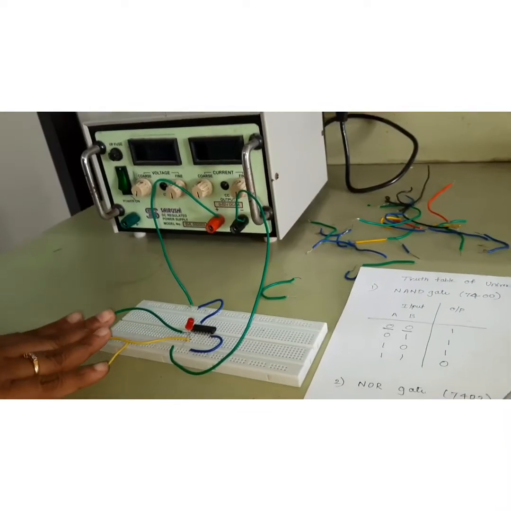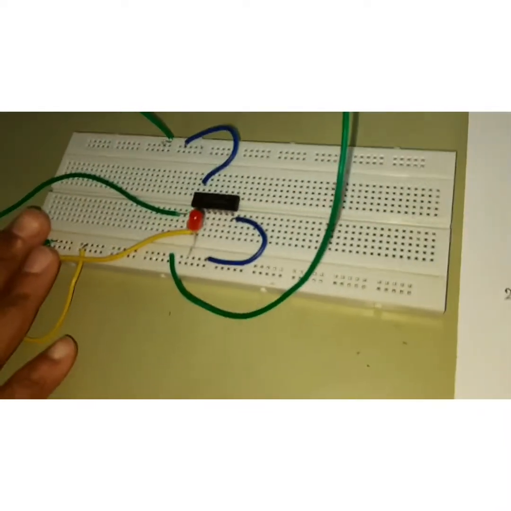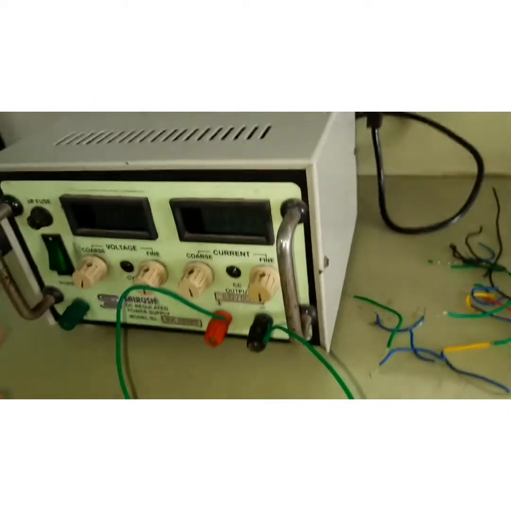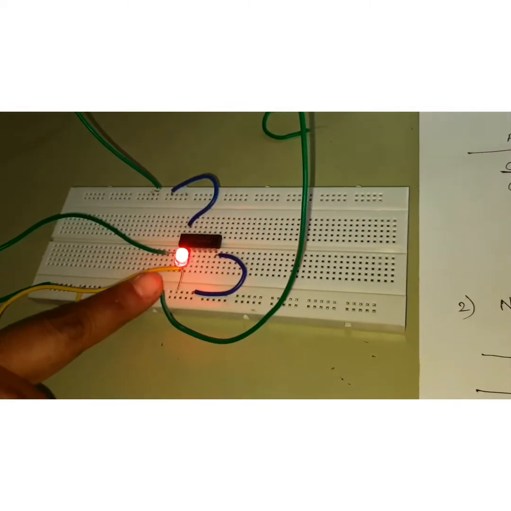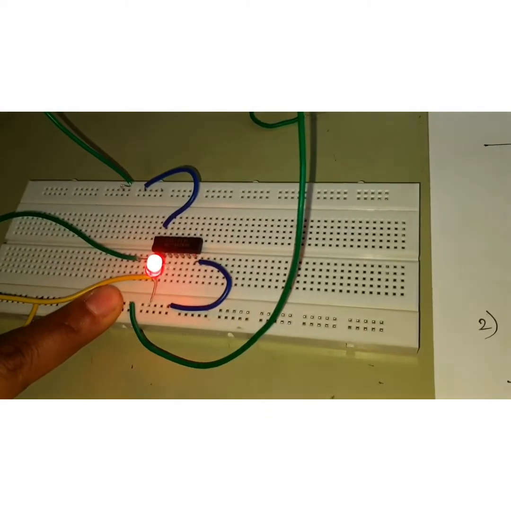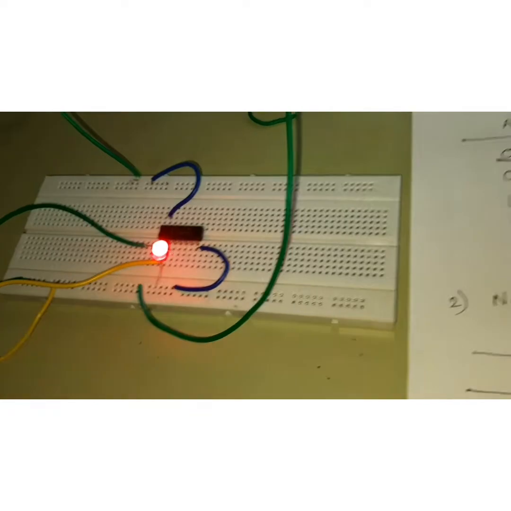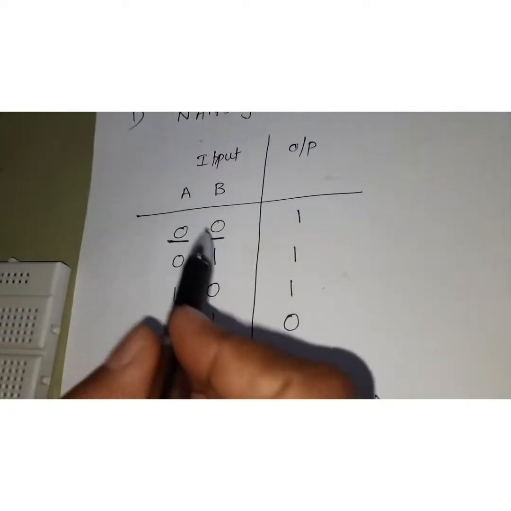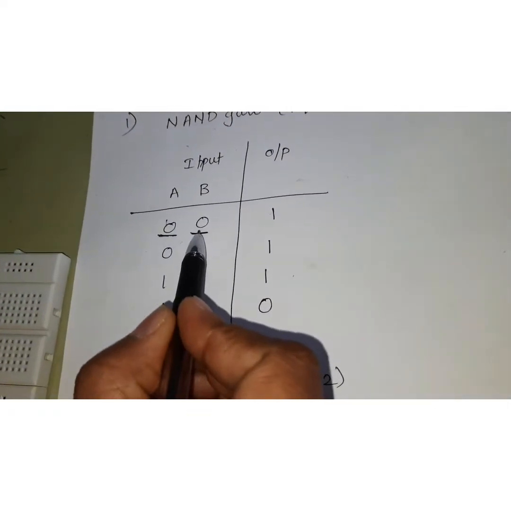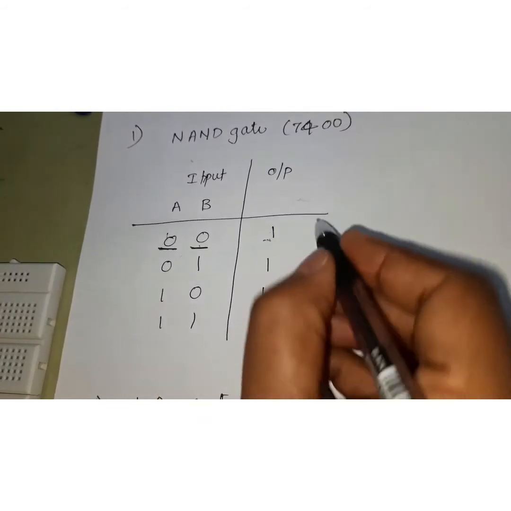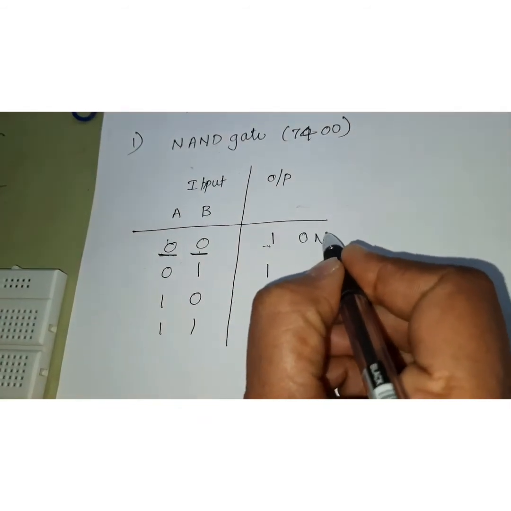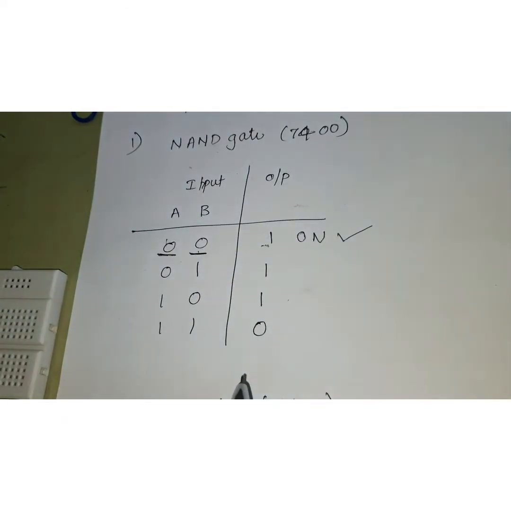Now we have connected input A to 0, B to 0, and the power supply is off. Now we'll put on the power supply, and we can see that the output LED is glowing. That means output is at logic 1. We have seen that if A is 0, B is 0, theoretically we have 1. That means output should be at logic 1, and we got the LED on. Hence this is verified. So the first state is verified.